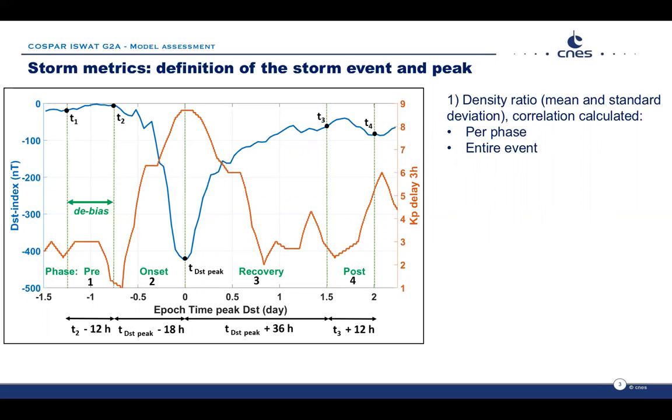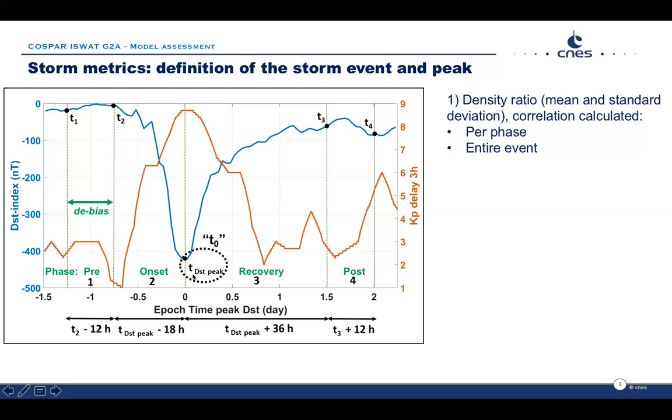The pre-storm phase, phase 1, the period just before the storm, is used to debias the model densities. So they are scaled, centered on the observed densities. Then density ratios, so mean and standard deviation, are calculated for each of the 4 phases as well as for the entire event, so phase 1 to 4.